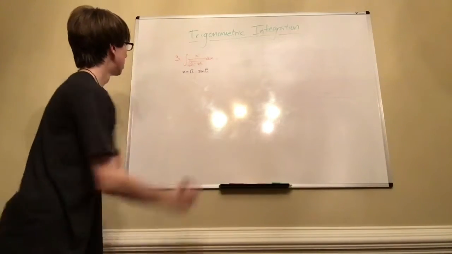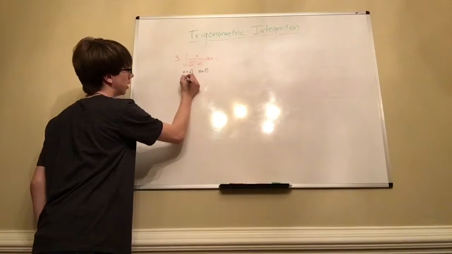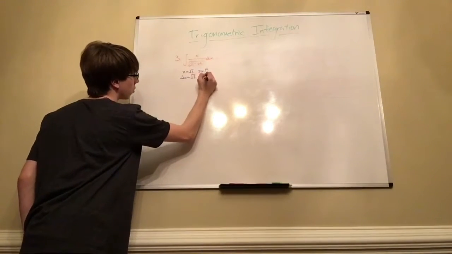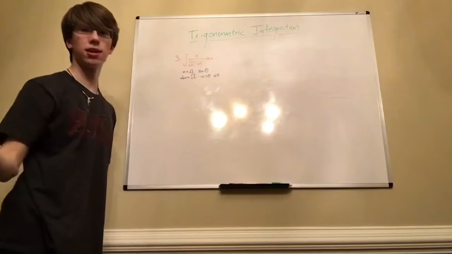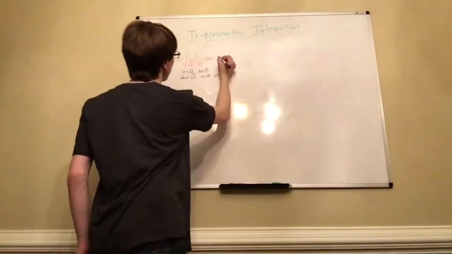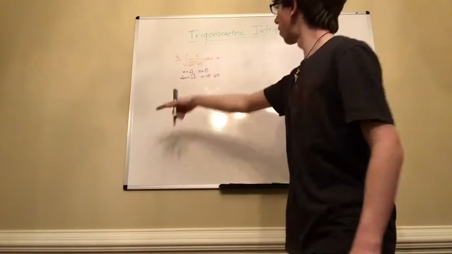Okay, so now that we've done that, we'll just take the derivative of both sides. dx is equal to the square root of 2 times cosine theta times the derivative of the inside function, that's d theta. So now all we have to do is substitute in the values and bring out any constants.